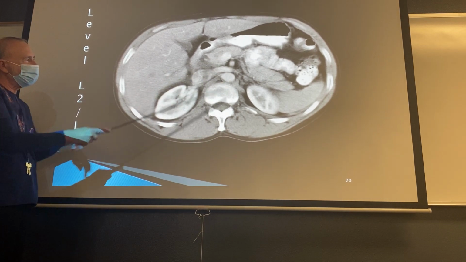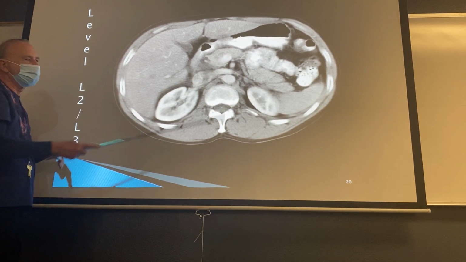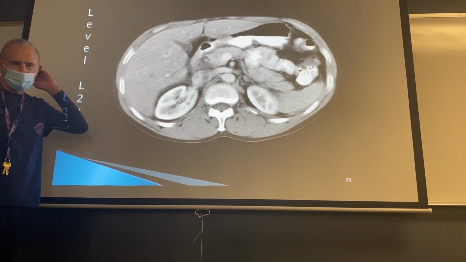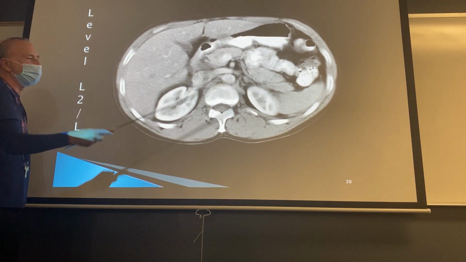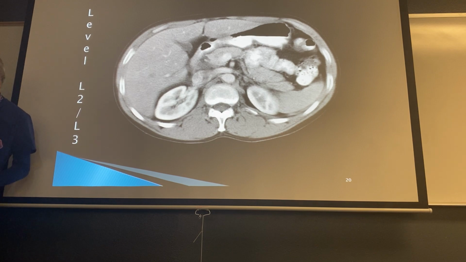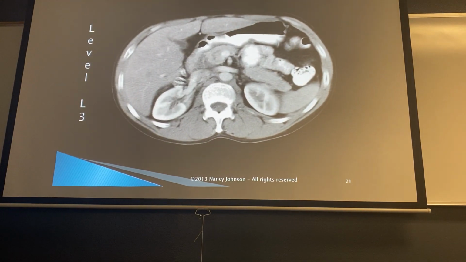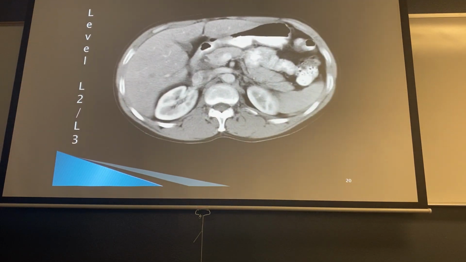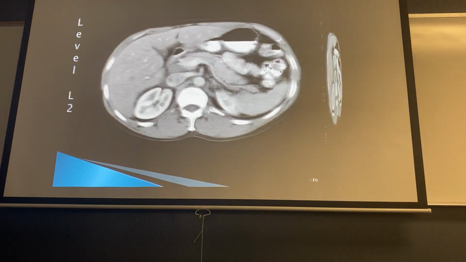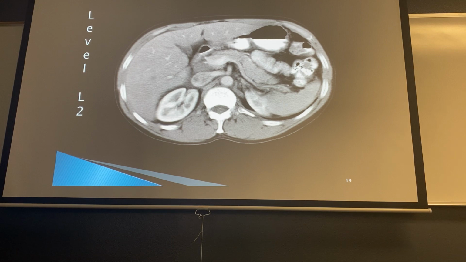So below this point, you have SMA, SMV. Above it, one level, at least in this one scan, you'll have portal confluence, and then above it, you'll have the actual portal vein. So here's portal confluence right here.